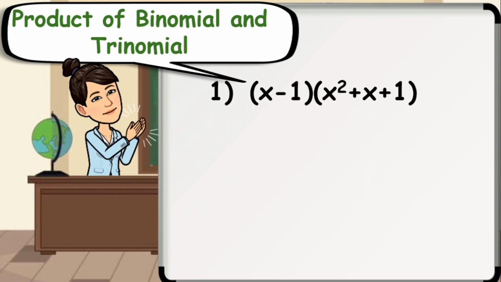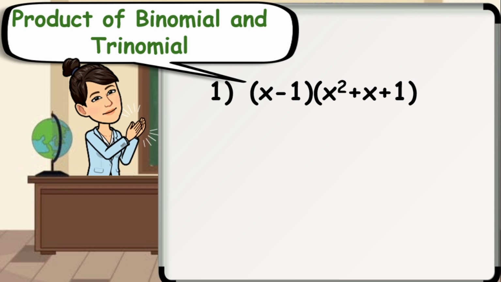Example number 1. Find the product of the quantity of x minus 1 times the quantity of x squared plus x plus 1. We will check first if the pattern was satisfied. Then, we will apply the identity. So, let's take a look at our trinomial and our binomial.